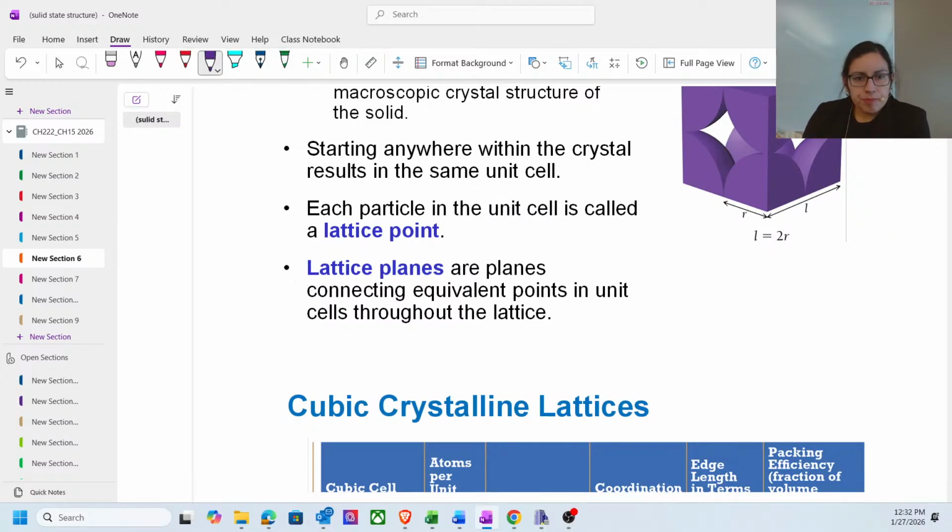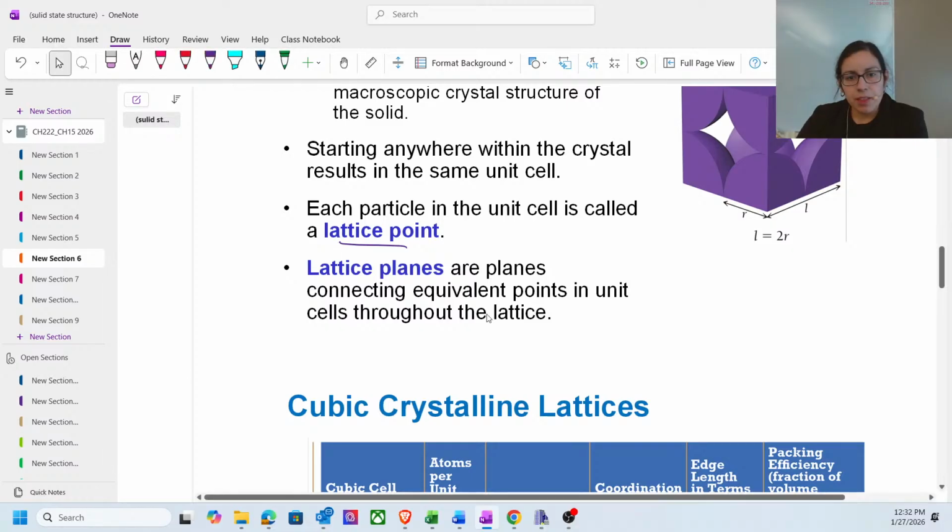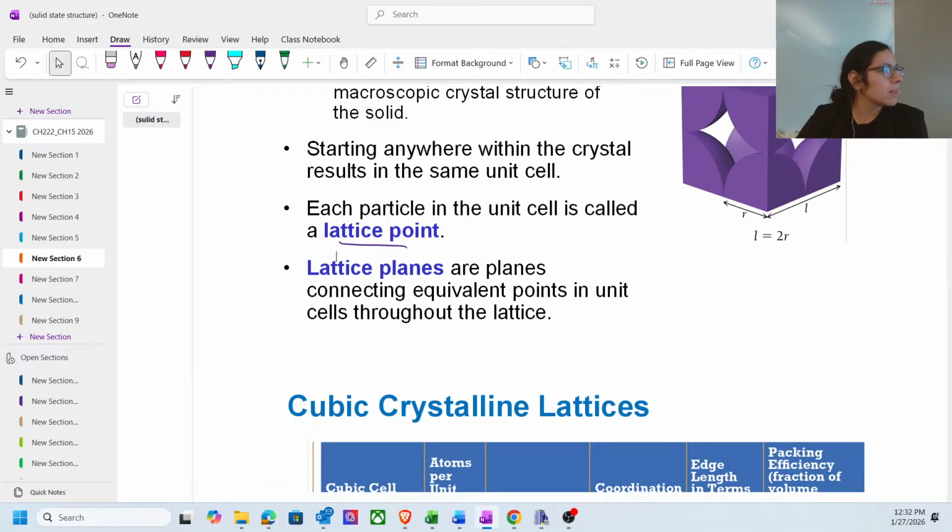And then we'll look at this. Every particle is just called a lattice point. That's just a definition. And our lattice planes are planes connecting equivalent points.